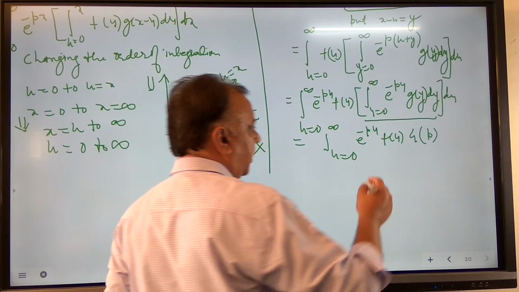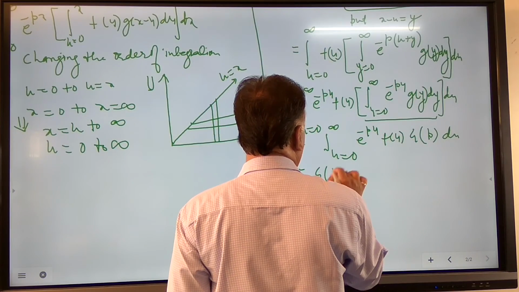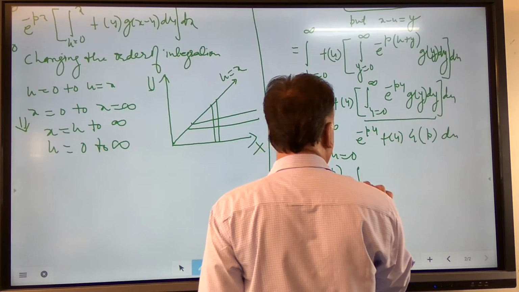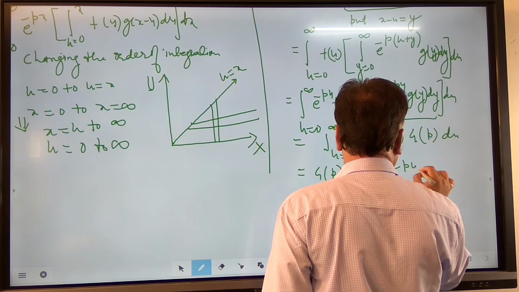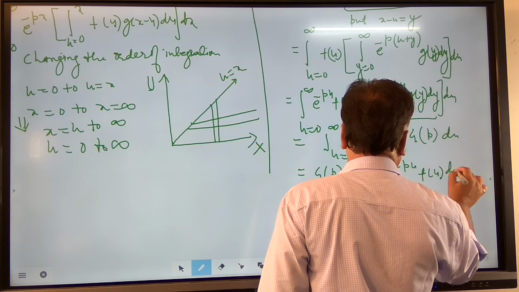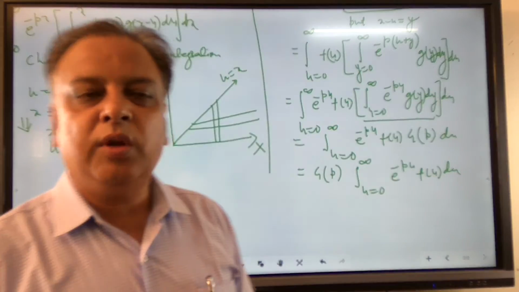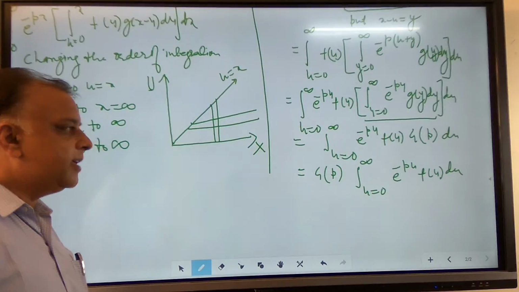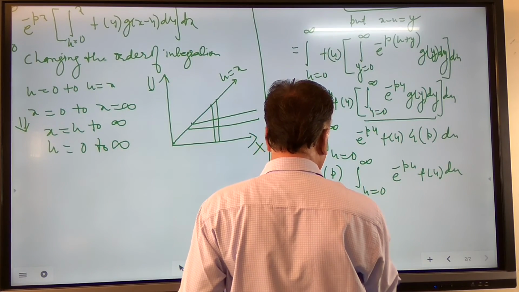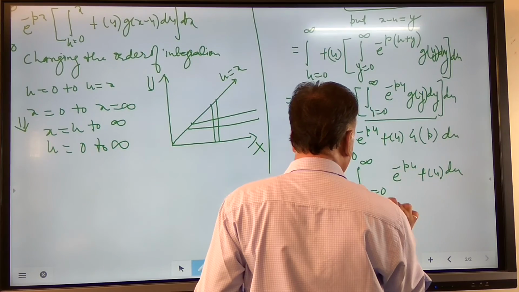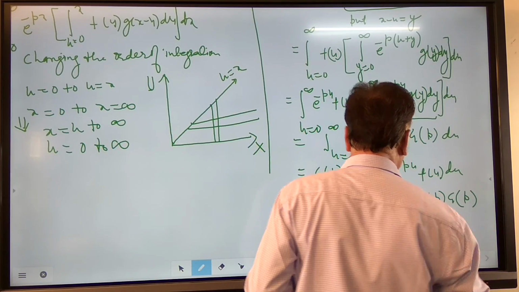Now taking G of p outside the integral, we get G of p into the integral u equals 0 to infinity e raised to minus pu f of u du. The integral is nothing but the Laplace transformation of the function f of x, and the Laplace transformation of the function f of x is F of p. So we get this as G of p into F of p, that is F of p into G of p.